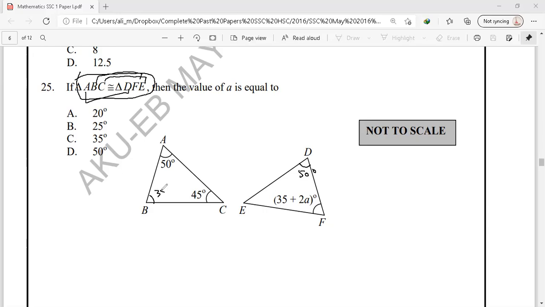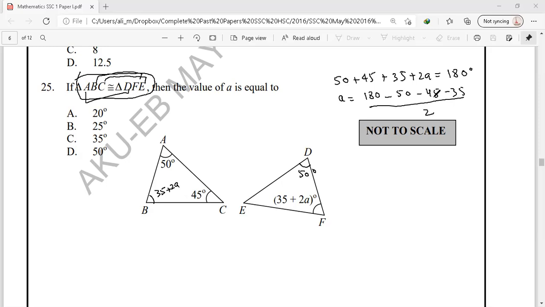So here we have a value of 35 plus 2A. So we have all the angles in triangle ABC. We know that the sum of all the angles would be equal to 180 degrees. So from this equation, we can find the value of A. So A would be equal to 180 minus 50 minus 45 minus 35, and the answer will be divided by 2.